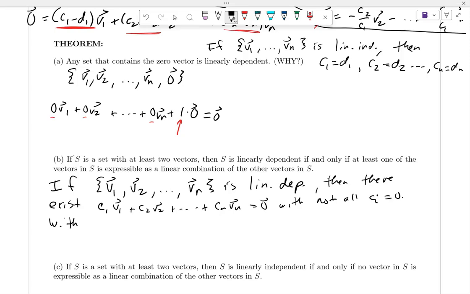In math, when it doesn't matter which one it is, we say without loss of generality. I'll talk about what I mean by that in a minute. Let's just suppose that C1 is not equal to zero. Then I can solve for V1 like I did last time.